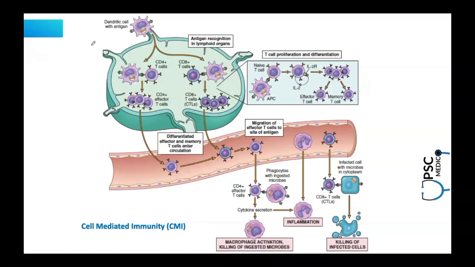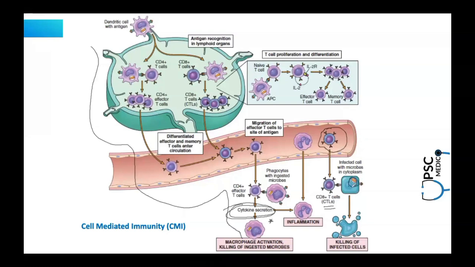But this pattern of CD4 cell-mediated immunity depends on cytokine secretion. There is another pattern wherein you will see the CD8 cell, which we call a cytotoxic T lymphocyte. This goes to the site of infection, but here the infection is not extracellular, it is intracellular.